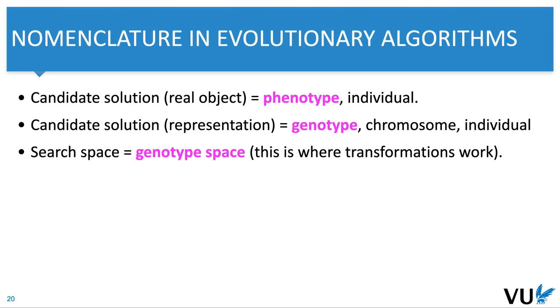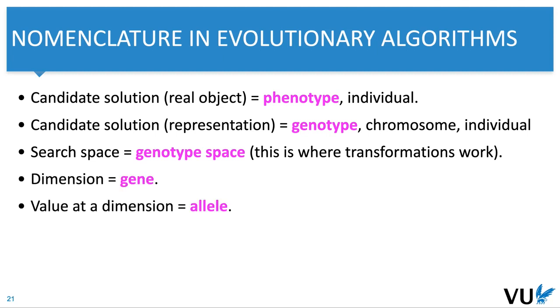In optimization, we talk about search space. Here people talk about genotype space, and this is where the transformations work, right? So how the genotype is changed. In optimization or mathematics, we use a dimension.